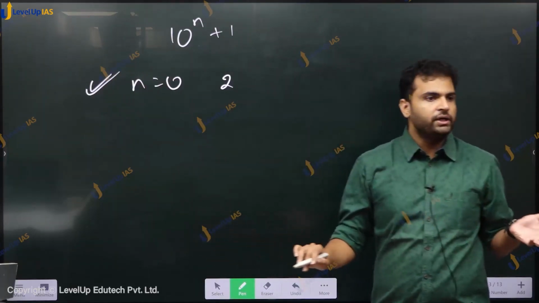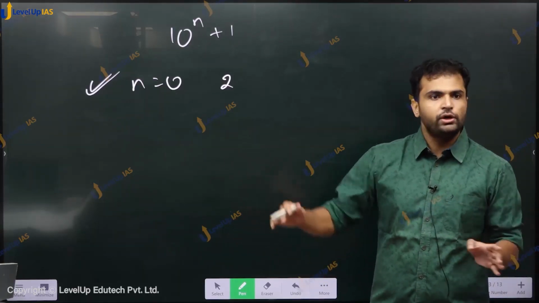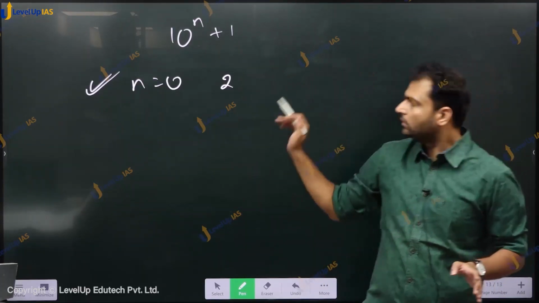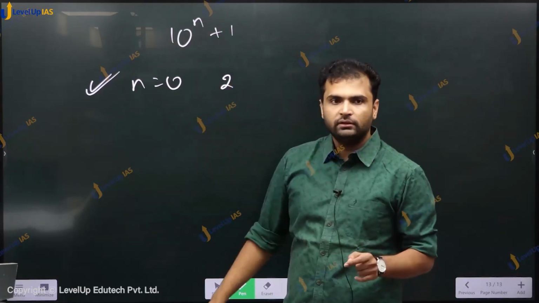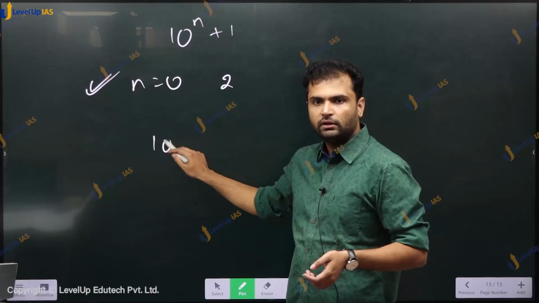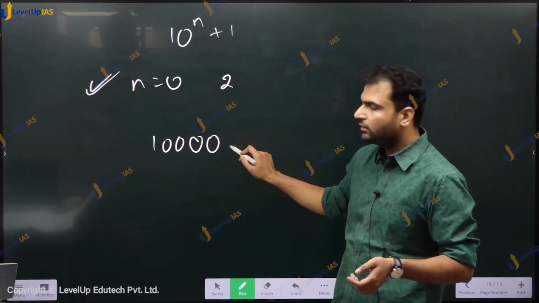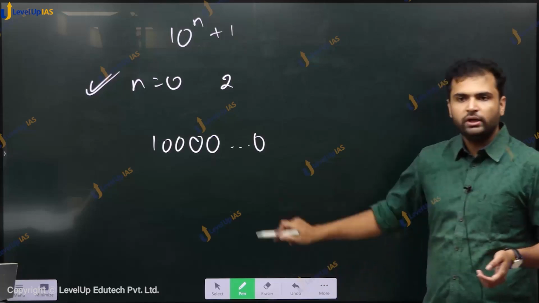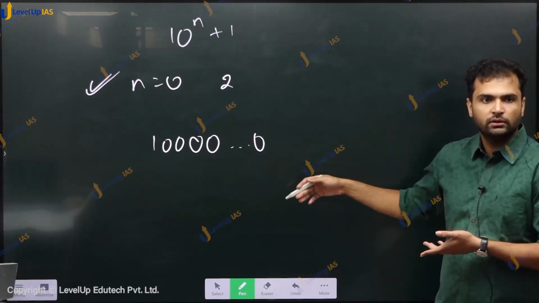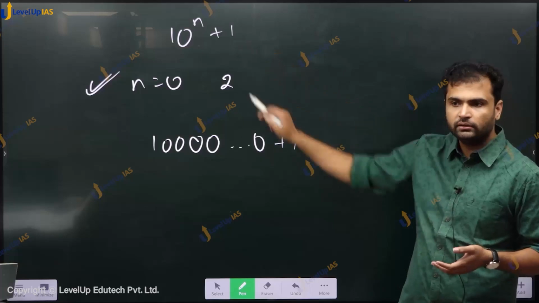For positive integers, for example n equal to 2, 3, 4, anything, up to infinity, what is 10 raised to n? 10 raised to 2 is 100, 10 raised to 3 would be 1000, 10 raised to 4 would be 10,000. 10 raised to n would be 1 followed by n zeros, and plus 1 also.